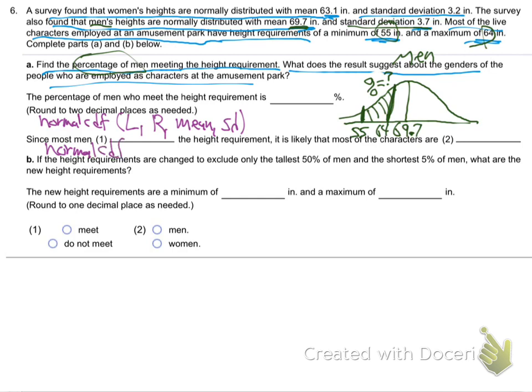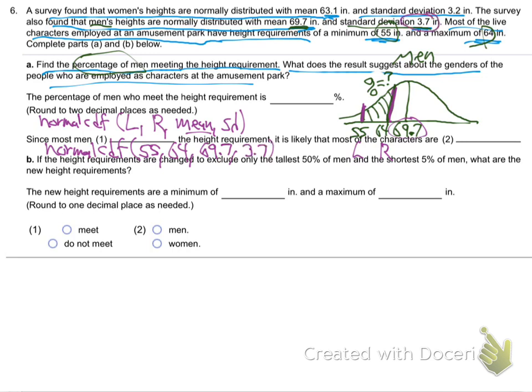So normal CDF, left edge. What's the left edge of the shading? 55, that's the left edge. What's the right edge of the shading? 64. Mean, 69.7. Standard deviation for men, 3.7.